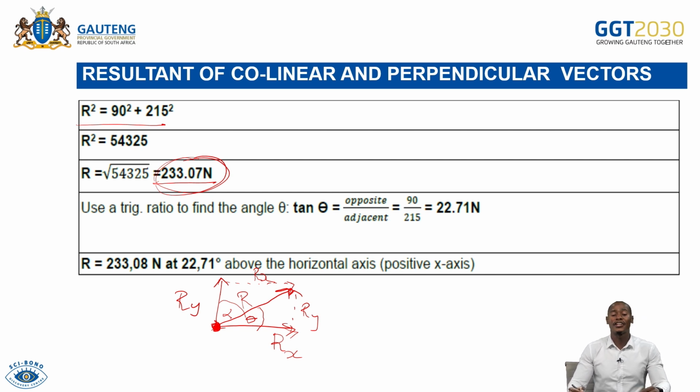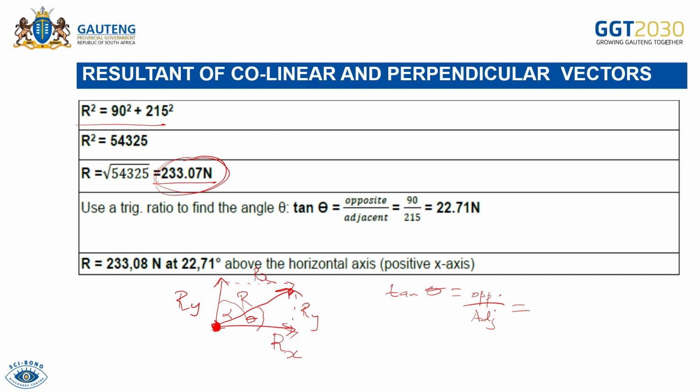Then which trig ratio to use? Is it cosine, tan, or sine, right? So in this case, so that you don't get confused, remember it's maths, we understand, but we stick to one trig ratio, which is tangent or tan, right? So tan theta is opposite side over the adjacent side.